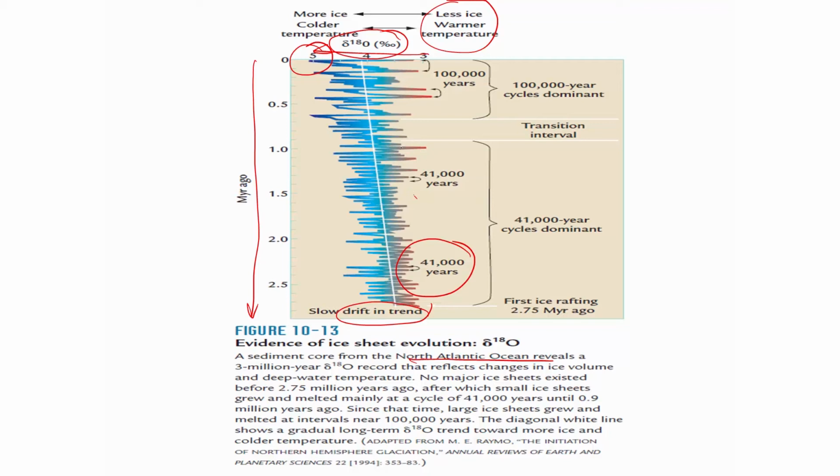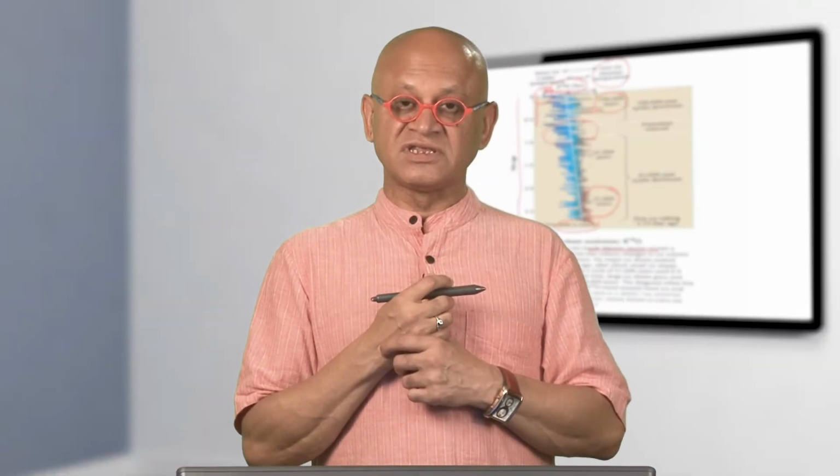And as you get closer to the last million years or so, there is some transition happening, and in the last million years there have been about 10 ice ages, and they have changed on the order of 100,000 years.